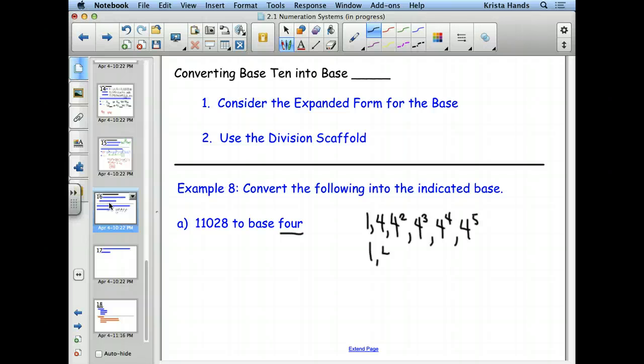I know the first one's 1 and the second one's 4. What's 4 squared? 16. What's 4 cubed? 64. What's 4 to the 4th? 256. What's 4 to the 5th?